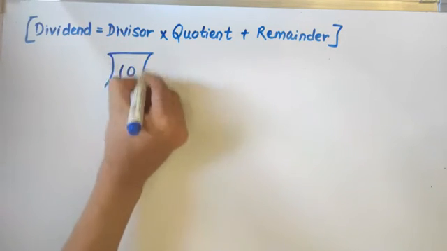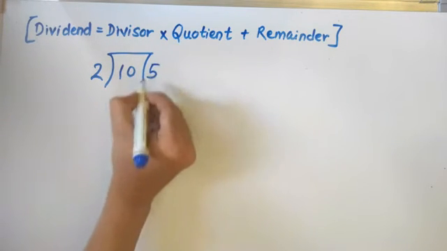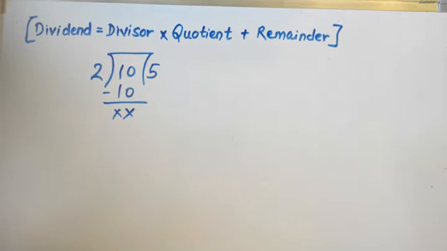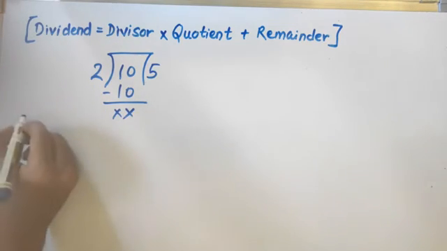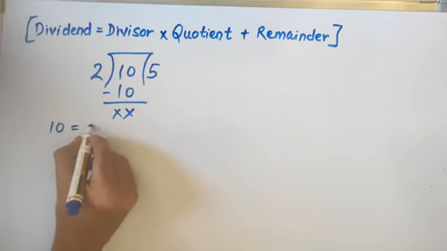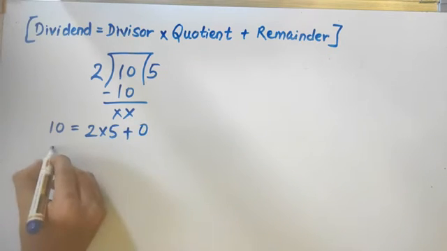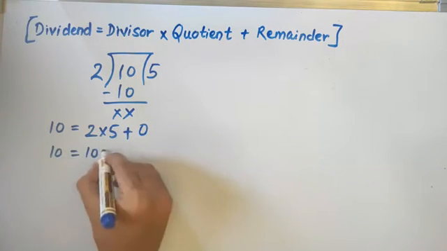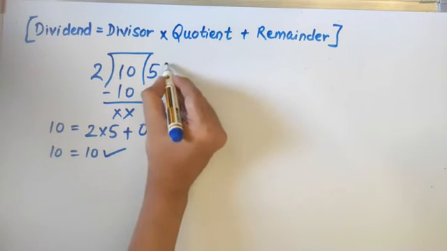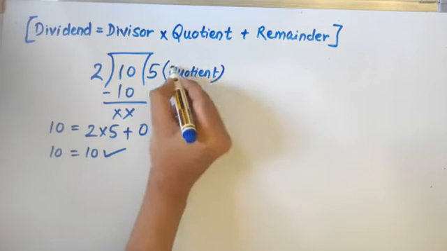Let us divide 10 by 2. So 2 fives are 10. Remainder is nothing. So here dividend is 10, divisor is 2, quotient is 5, remainder is 0. So 10 equals 10. Are you getting my point? This is the quotient.